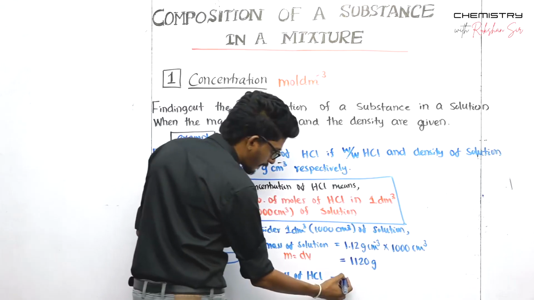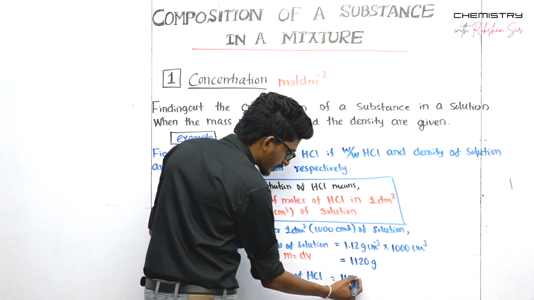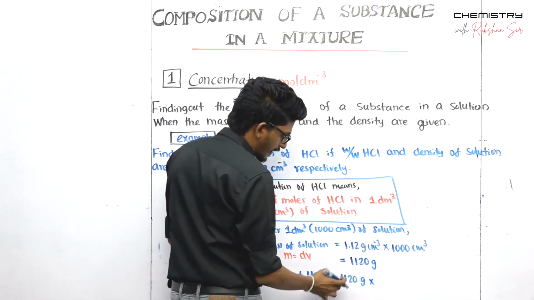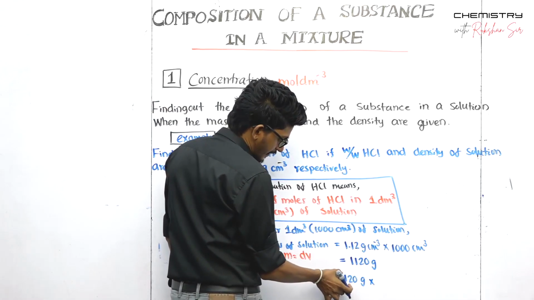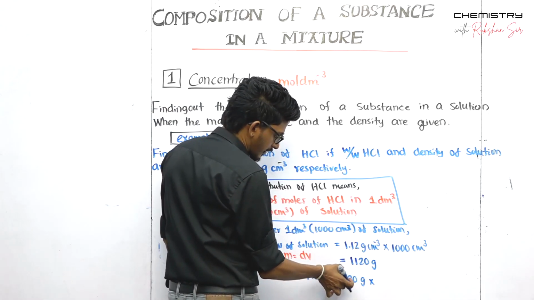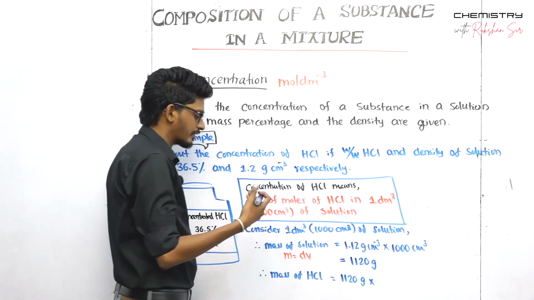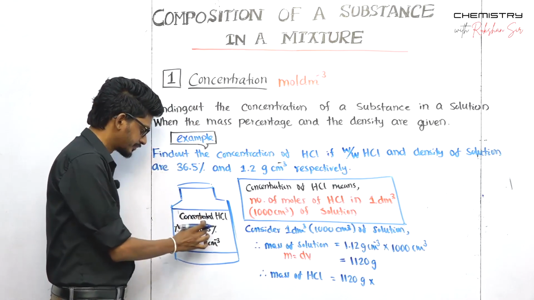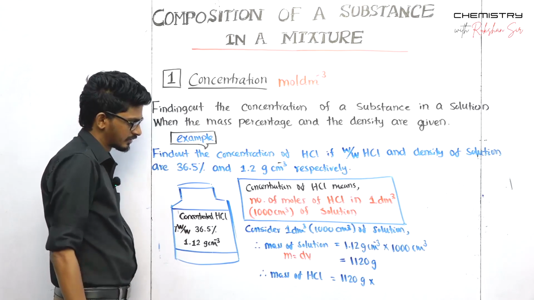If you take 100 grams, 36.5 is actually HCl.